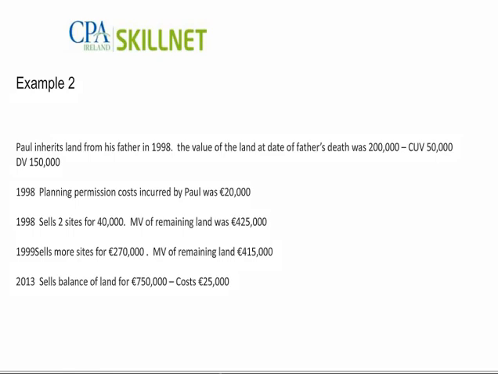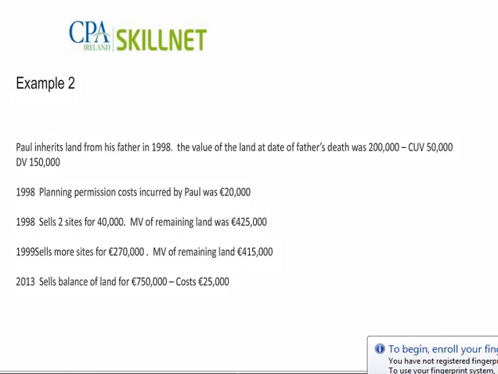A few months later, planning permission costs incurred by Paul was 20,000. Now let's just stop here. If all the land was sold in one go, all we'd be looking at would be sale price less cost of sales, index 50,000, don't index the 150,000, and don't index the 20,000.